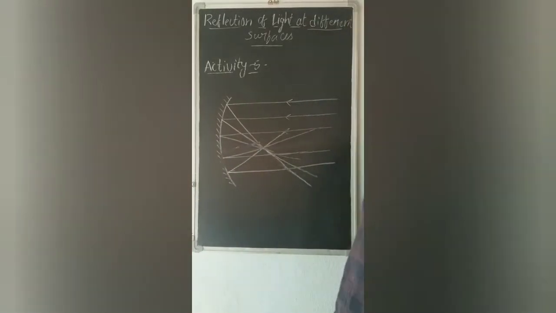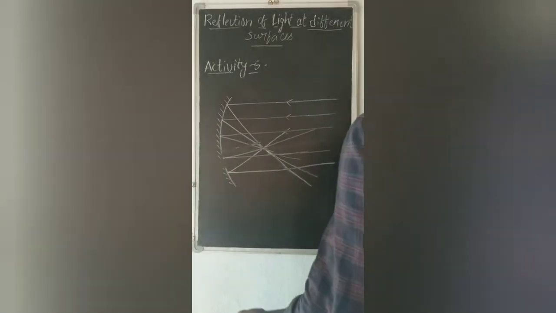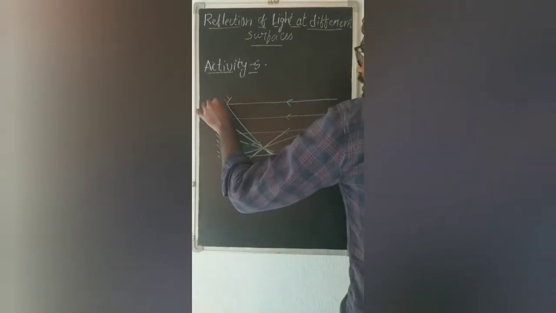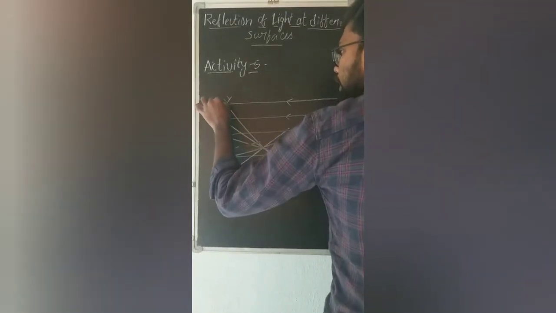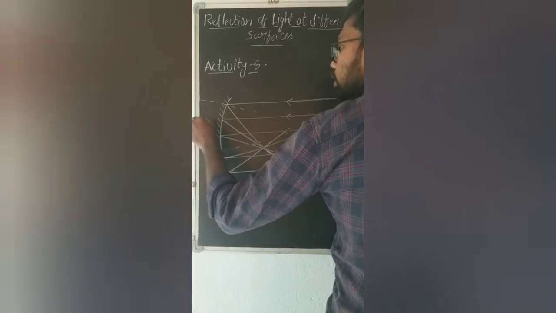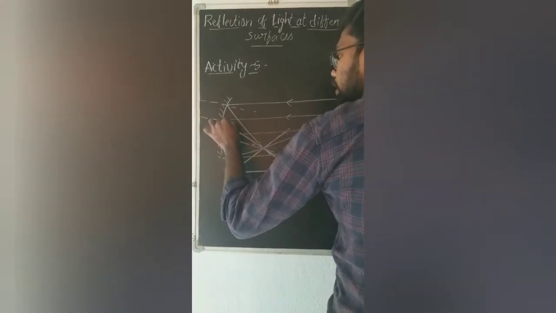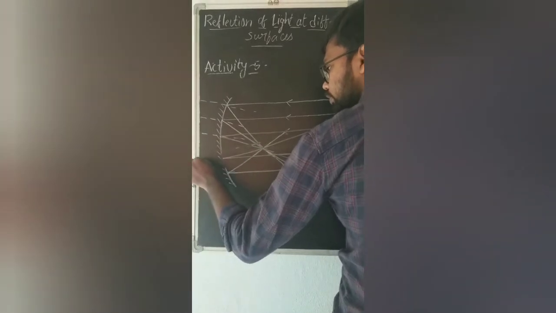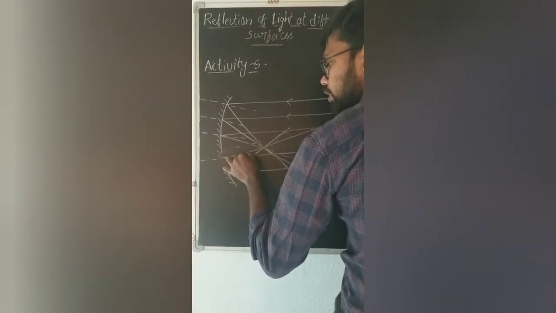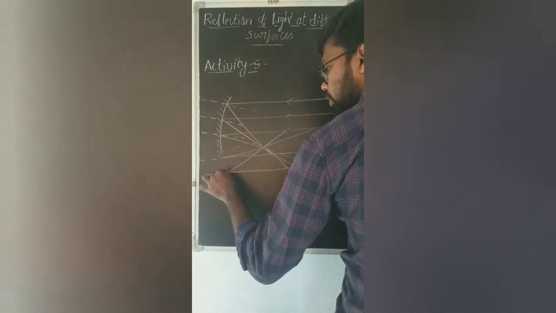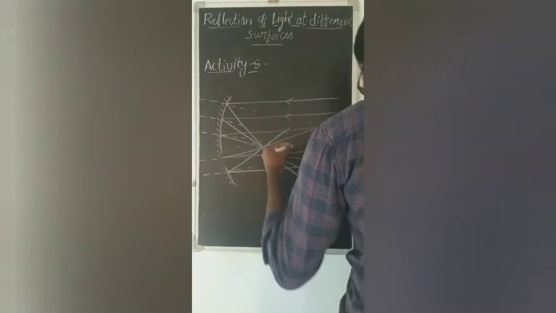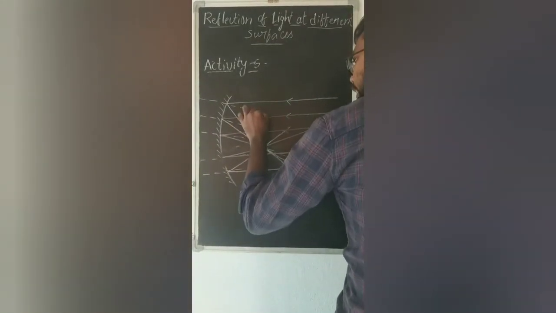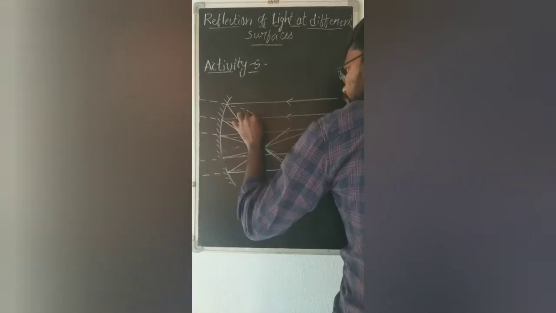Now if we draw the imaginary perpendicular lines, which means the normal to the surface, these normals will meet at one certain point.